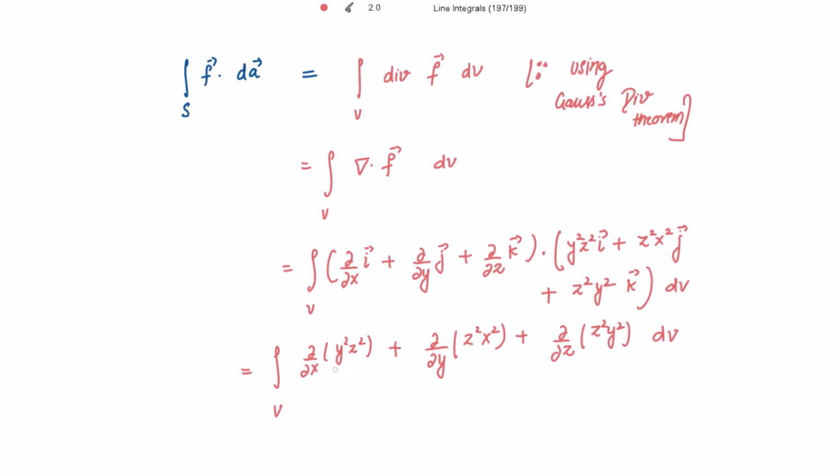Differentiating y square z square with respect to x gives 0. Differentiating z square x square with respect to y gives 0. Differentiating z square y square with respect to z gives 2zy square. So this is equal to the volume integral of 2zy square dv.